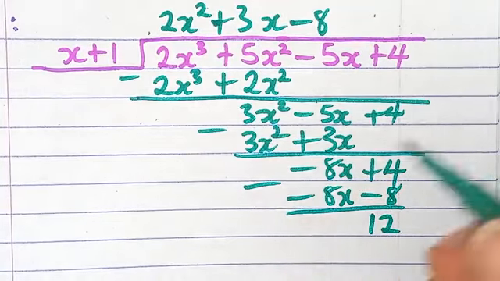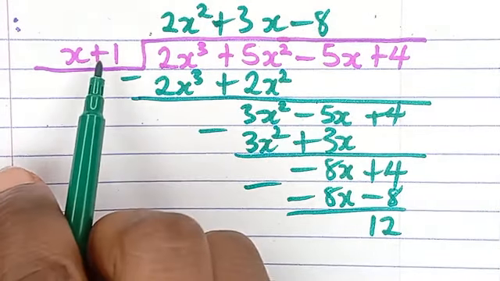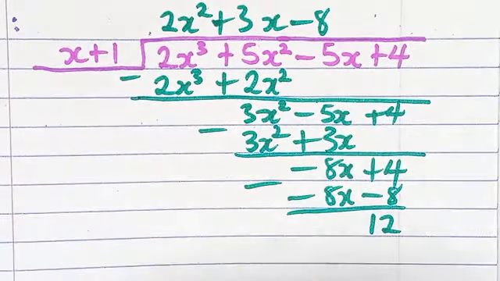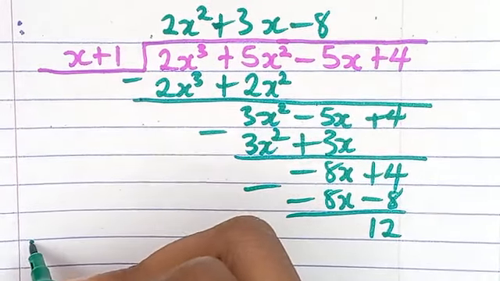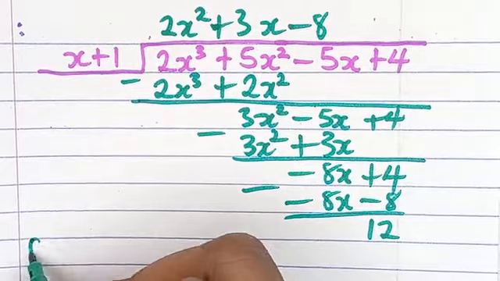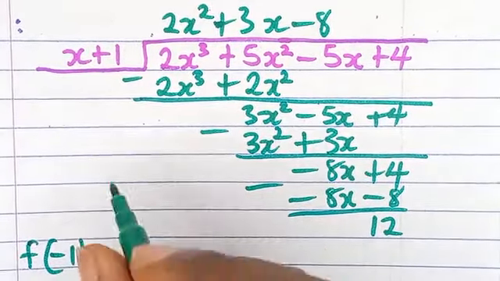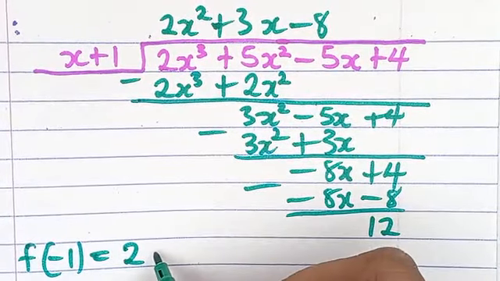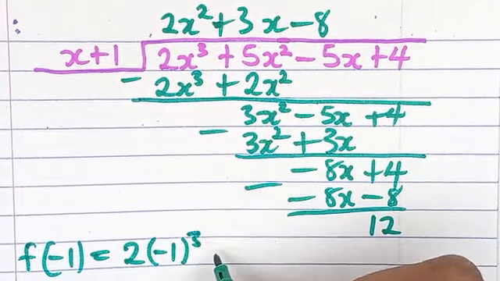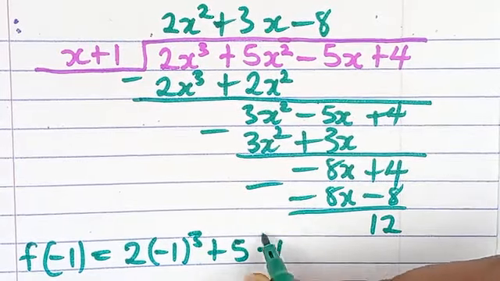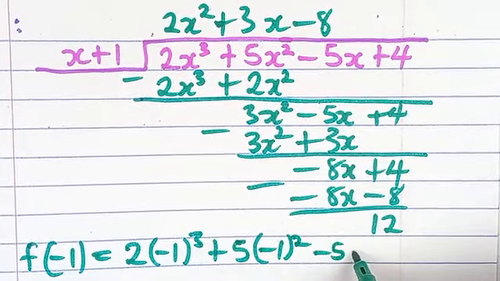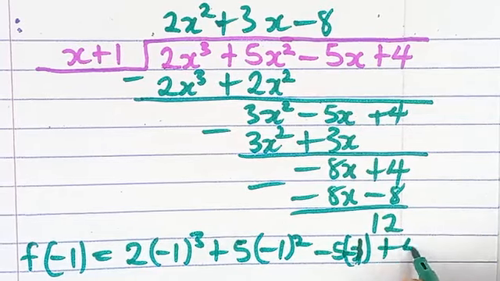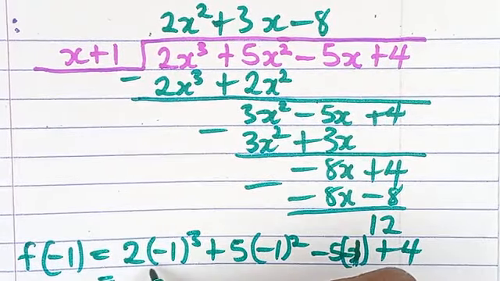Now what do we do to check what we usually check? We are going to substitute. We are going to get this function as a function of the opposite sign of the divisor. So we have that function. That function in terms of negative 1, that's the opposite sign of this, is equal to 2x, that's minus 1 raised to power 3, plus 5 into minus 1 raised to power 2, minus 5 into minus 1, plus 4.